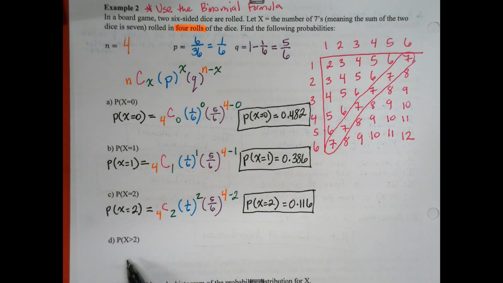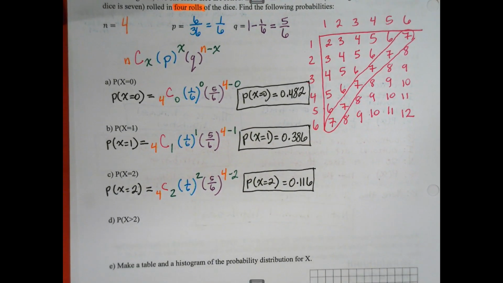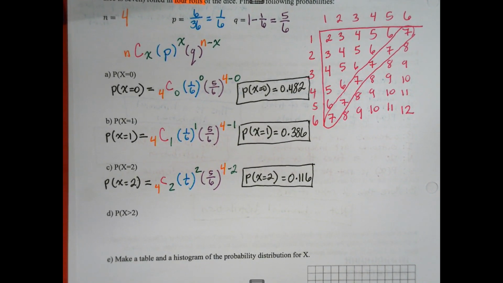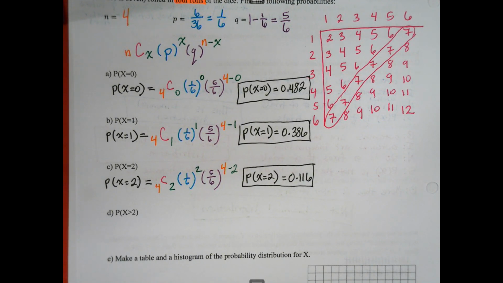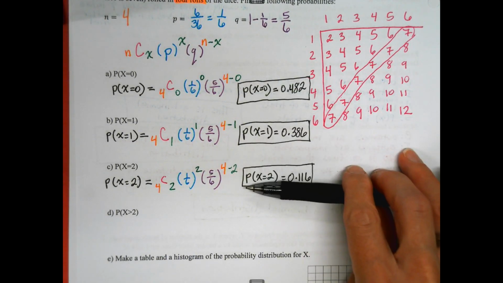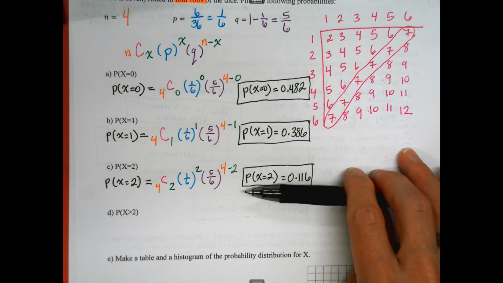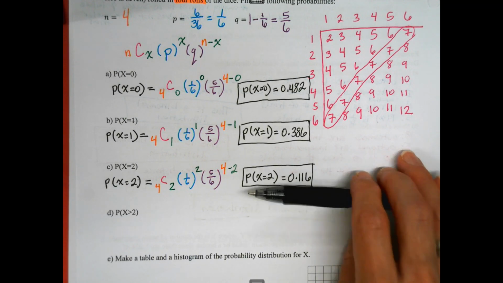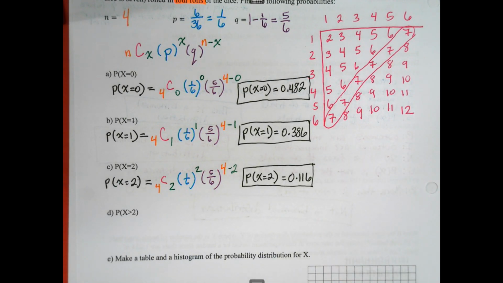Now, when we look at something like D down here, where it says the probability that x is greater than 2, well, the probability that x is greater than 2 is everything except for these 3 things. It's the probability of getting 3 that add to 7, plus the probability that 4 of them add to 7. Or in other words, we could use our complement.